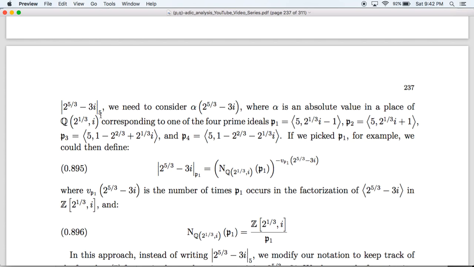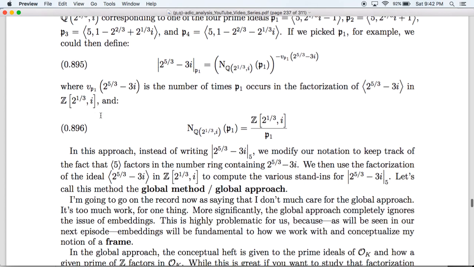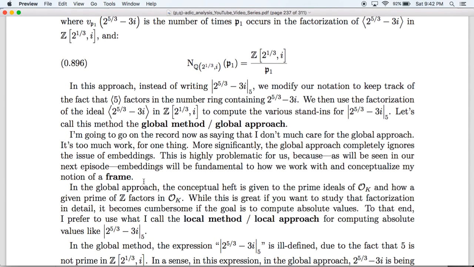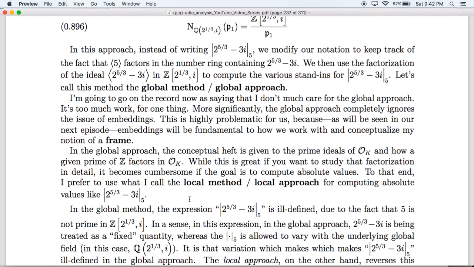And for algebraic number theorists, understanding the factorization and ramification of primes is the core of algebraic number theory. So, again, this is great if you want to study the factorizations of primes in detail. It becomes cumbersome if the goal is to compute absolute values.